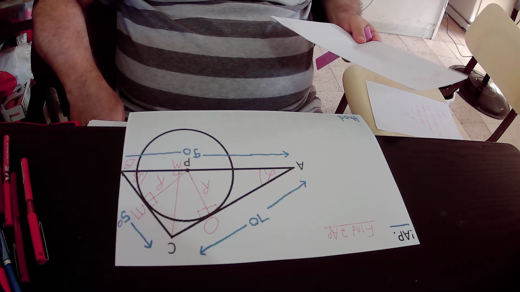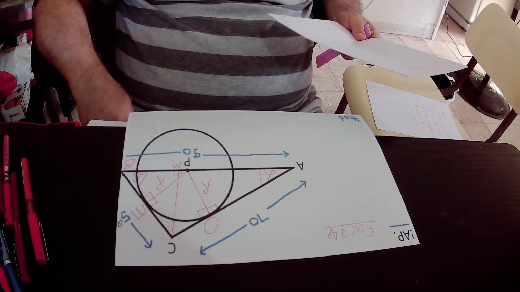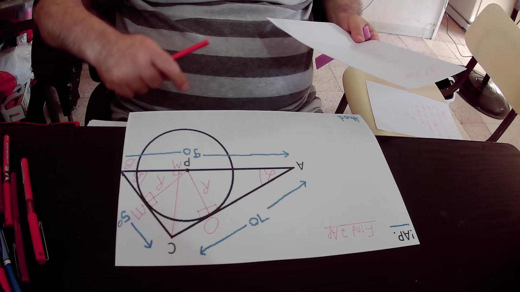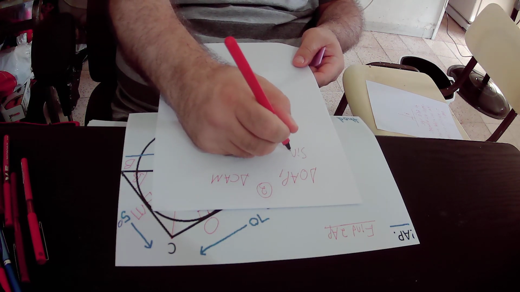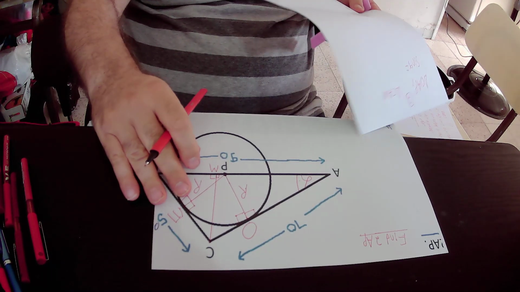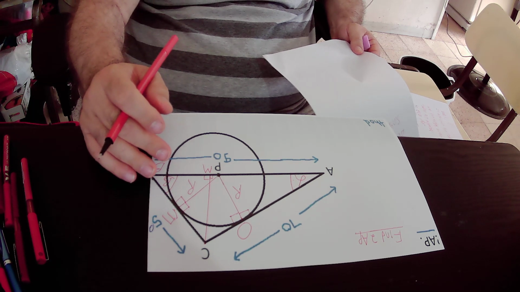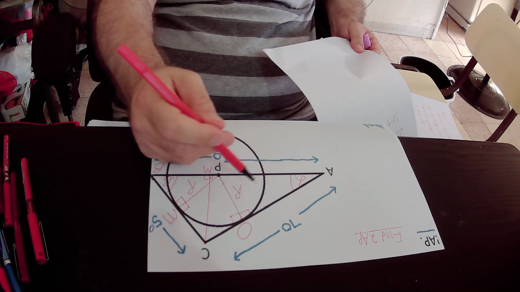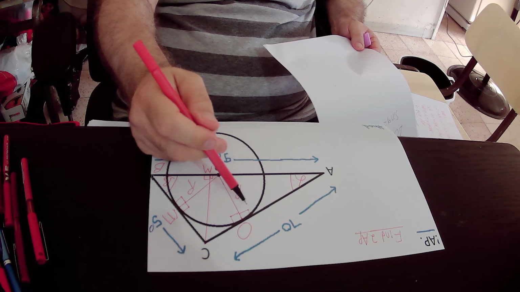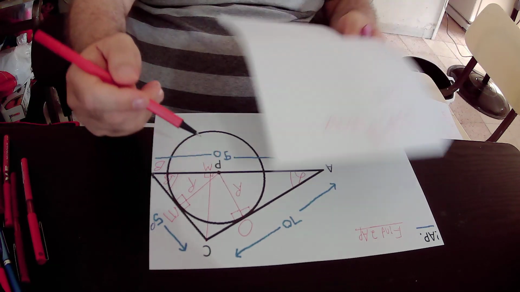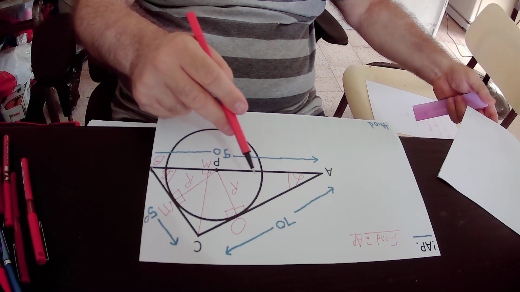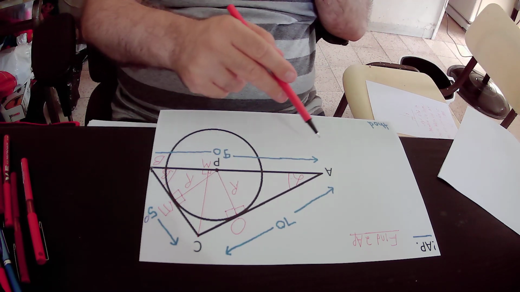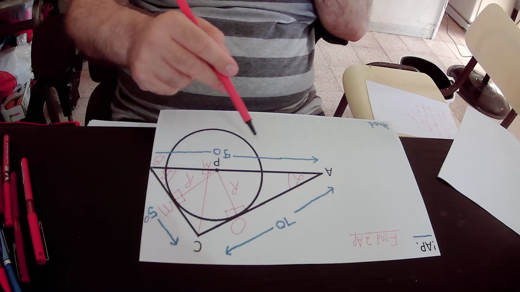So, as you know, in a right triangle, if we focus on triangle OAP, sinus alpha equals the side that is in front of angle alpha, that is to say OP, over the hypotenuse of triangle AOP, and the hypotenuse of triangle AOP is AP.